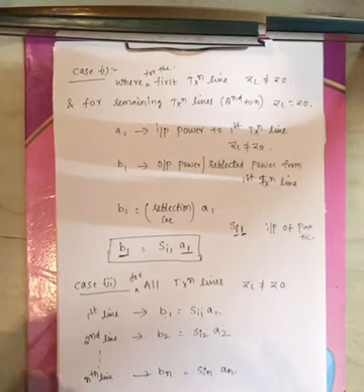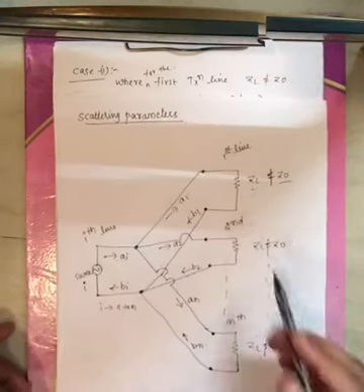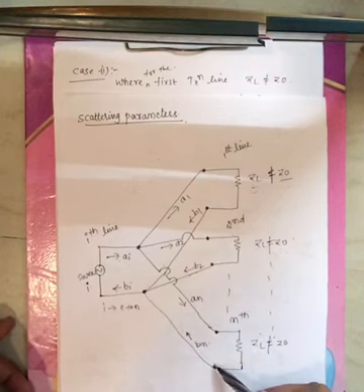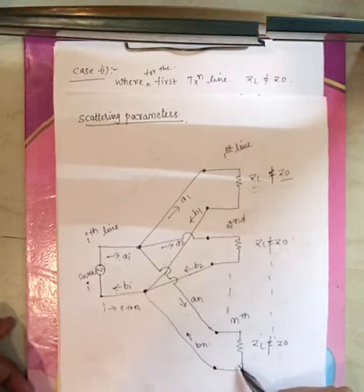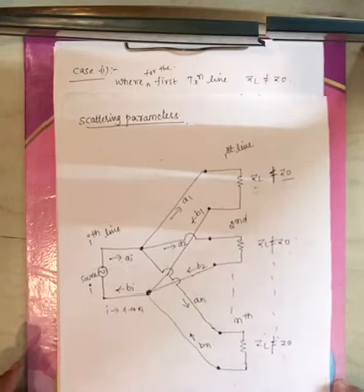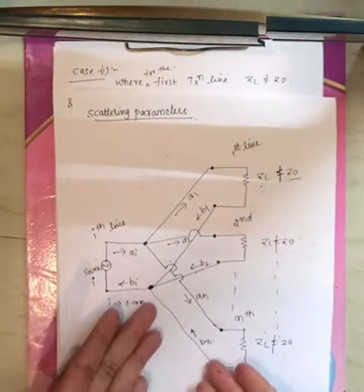Now what is the total contribution? If you see this figure, B1 is reflecting, B2 is reflecting, and so on up to Bn. Here all the reflected power is obtained: B1 plus B2 plus so on up to Bn.